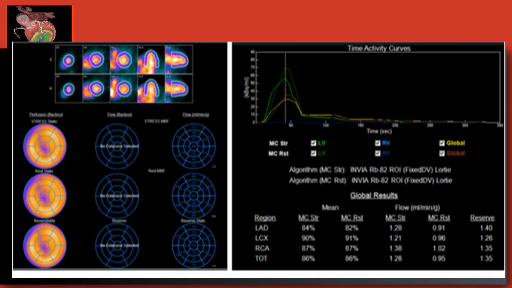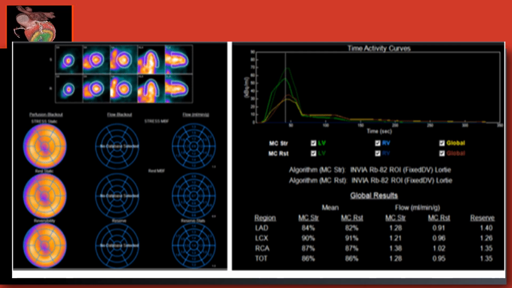So this is an example of a study that was done with myocardial blood flow reserve. I know this is a bit blurry and I apologize for that, but I wanted to make sure it was big enough for you to see. In the top left-hand corner, you see the regions of interest drawn around the myocardium, and the myocardium is showing up as purple, whereas the hottest activity is actually inside the ventricle, because you're capturing that first pass through the heart.